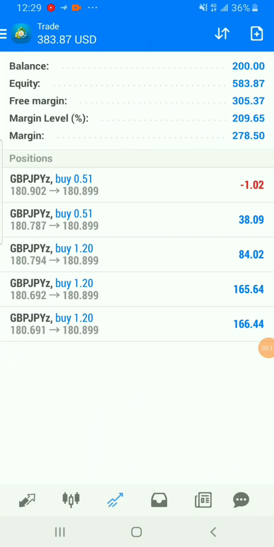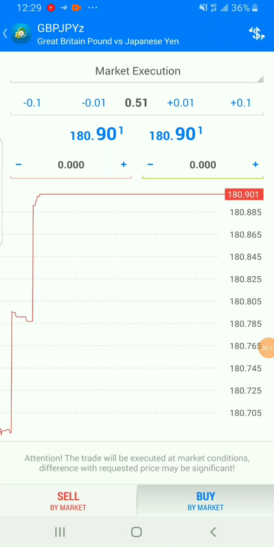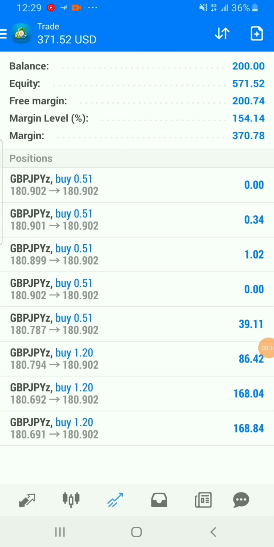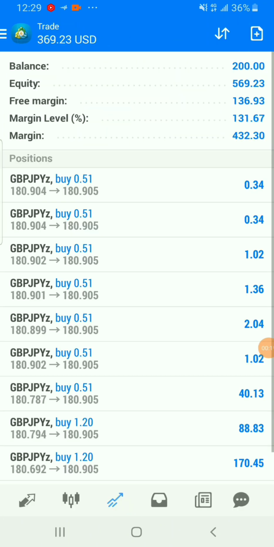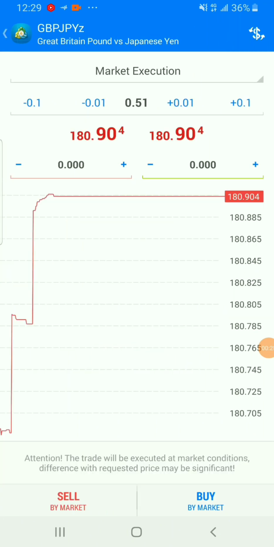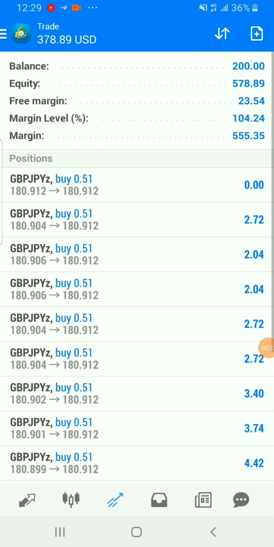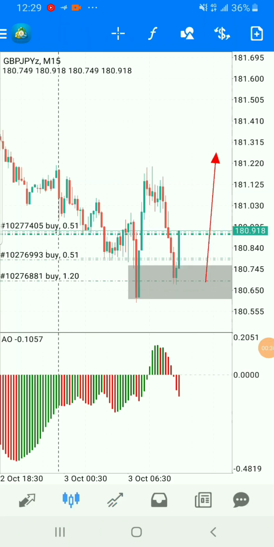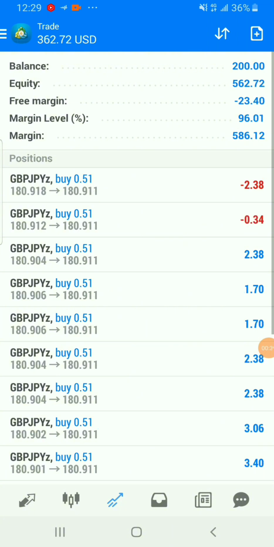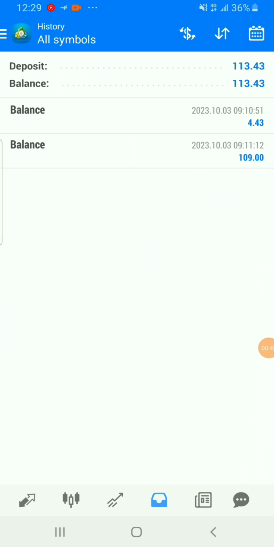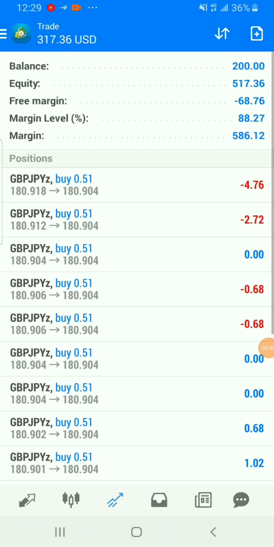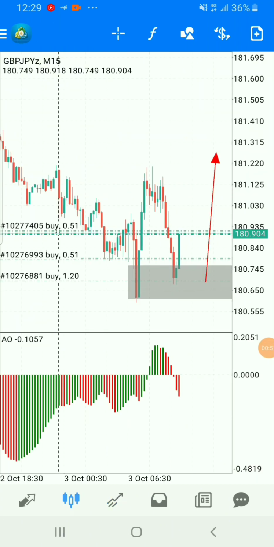I had like 84 US dollars on this account this morning, so I added more money to it and then completed the 200. My plan for this account is to take it to 1000 US dollars.